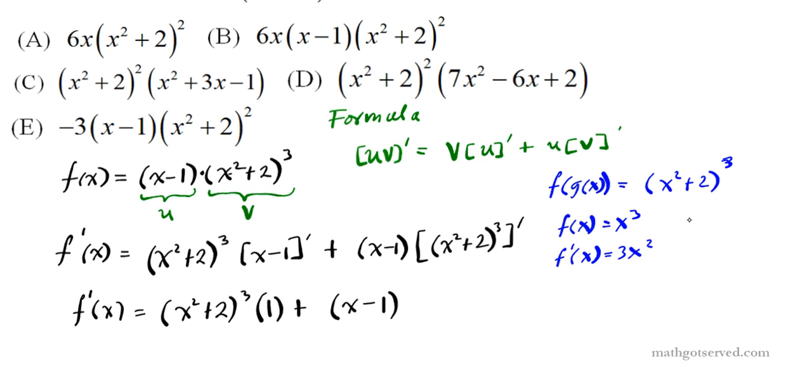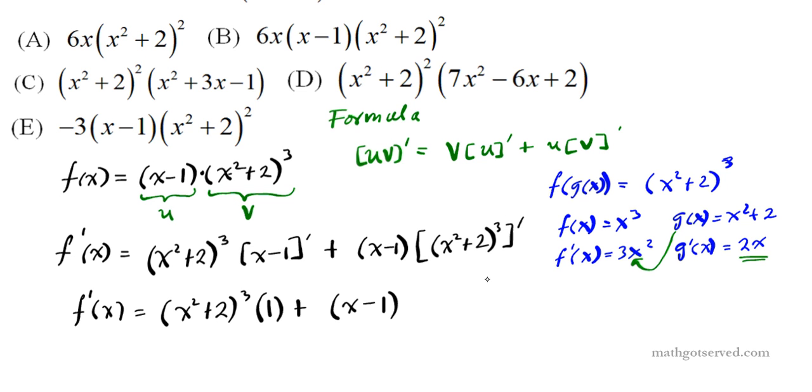The inner function is the quadratic, x squared plus 2, and its derivative, sorry, is 2x. So the chain rule basically says that you're going to differentiate the outer function evaluated at the inner, so I'm going to take this inner function and plug it in here, times the derivative of the inner function. That is the chain rule for you, okay?